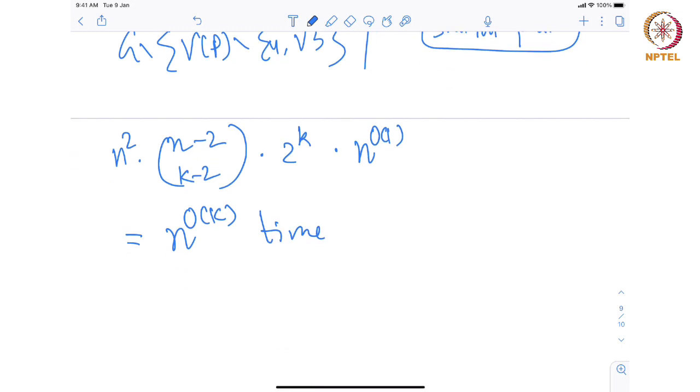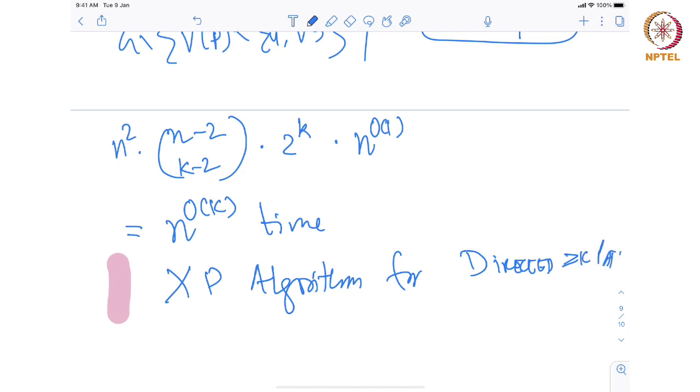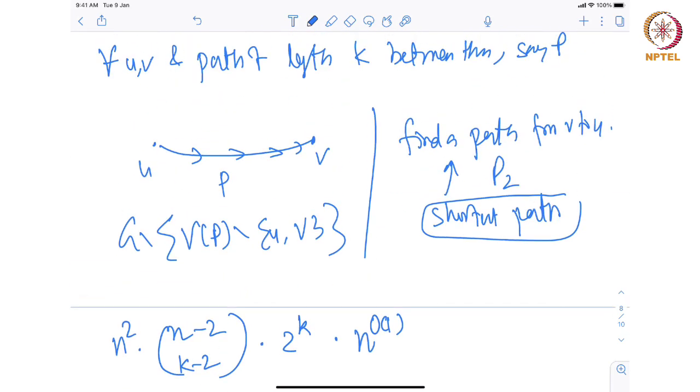So we are able to design an XP algorithm for directed at least k path flow. But this is not what we want to do. So now let us try to take this algorithm.